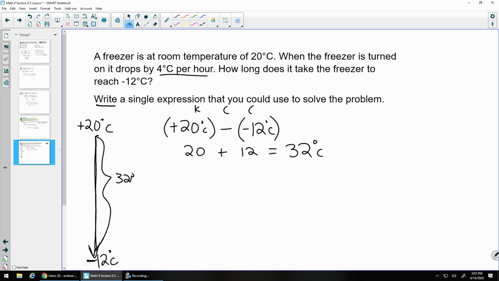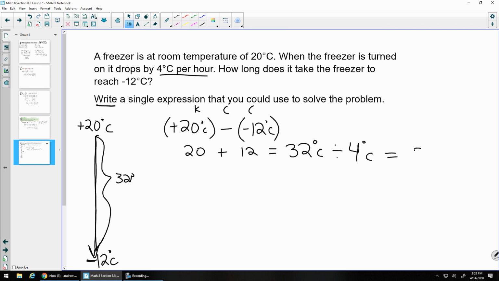Well, if it's dropping 4 degrees Celsius every hour, how many hours would it take to drop 32 degrees? We could divide 32 by 4, because 4 degrees Celsius each hour, and that would tell us how many hours it took to drop 32 degrees Celsius. So 32 divided by 4. Hopefully you remember your multiplication tables. 8 times 4 is 32.